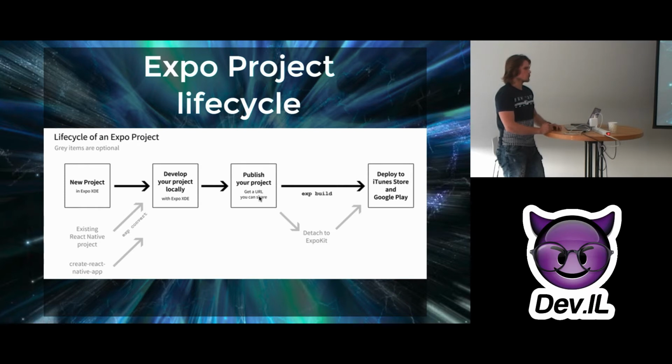But then you want to detach from Exponent and say, okay, I want this awesome native module to include in my app, so I will include it, but I will detach from Exponent. You won't get the benefits of the Exponent development environment. You will still have all the capabilities of the React Native development experience, which is great on its own. But you have this flexibility to choose what you want.